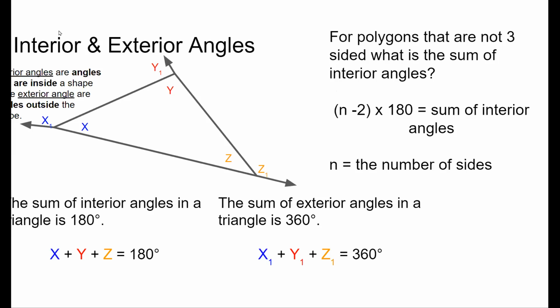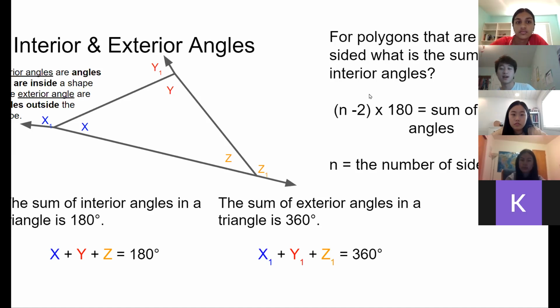So before we go any farther, does anyone know what the sum of the interior angles for a polygon with 6 sides would be? You can either type in chat or just say it out loud.